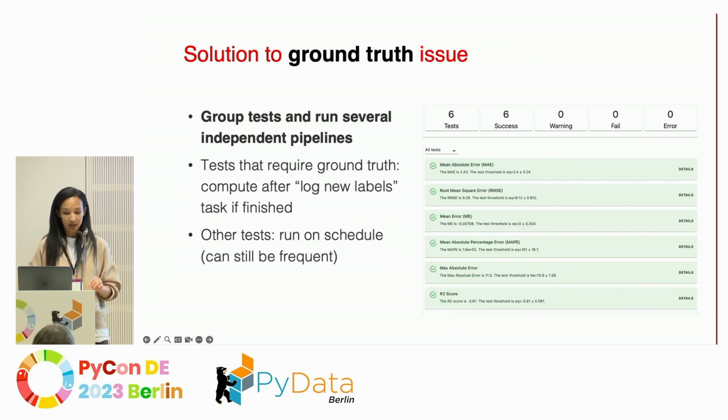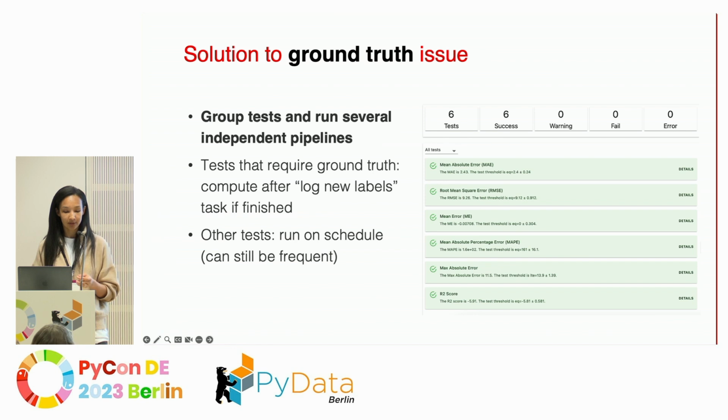With ground truth, it's much easier because we can easily split our tests into separate jobs, right? And jobs that do not need any ground truth, we can calculate on a schedule like once per minute or once per hour.